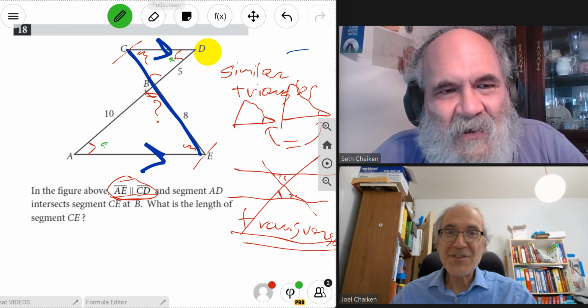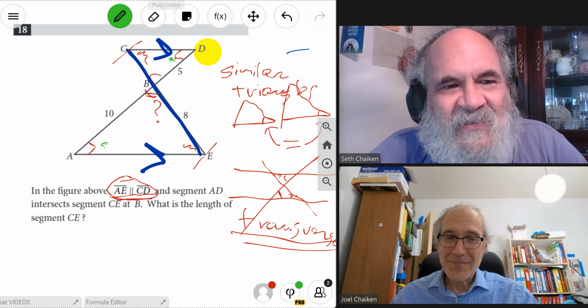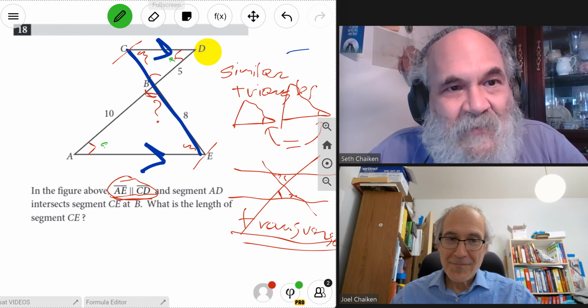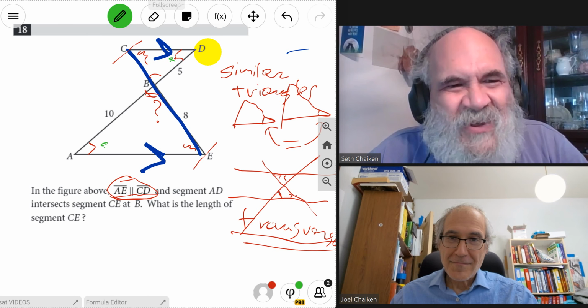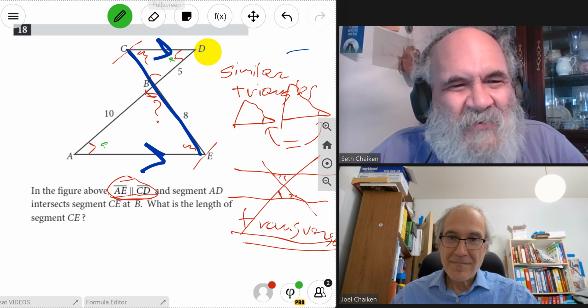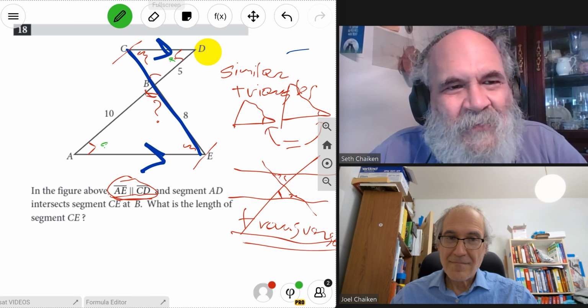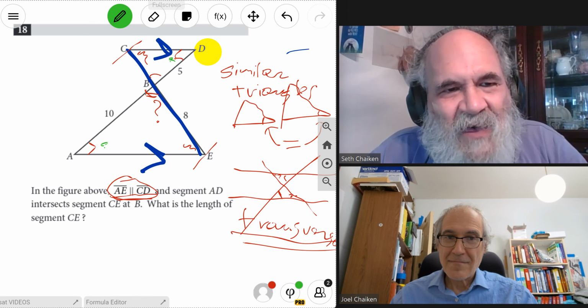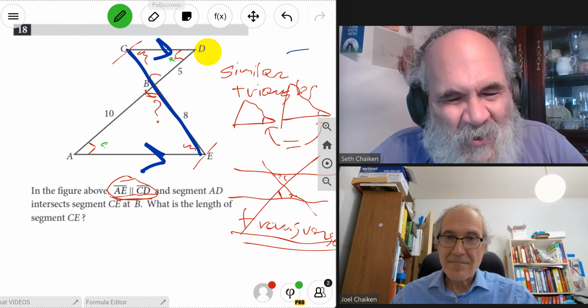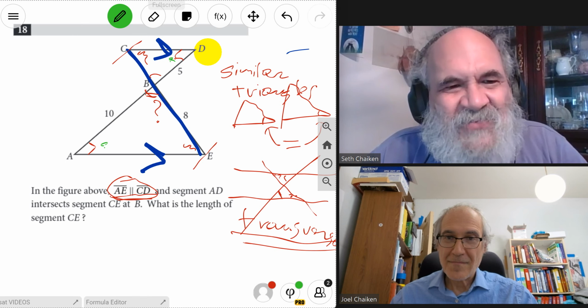The fact that alternate angles across a transversal with a pair of parallel lines are equal is a fact of geometry.